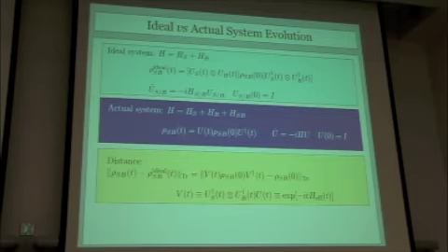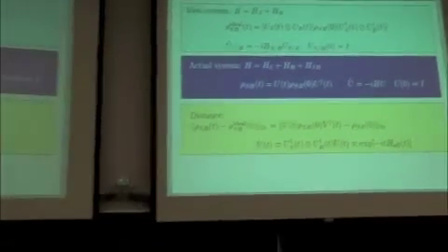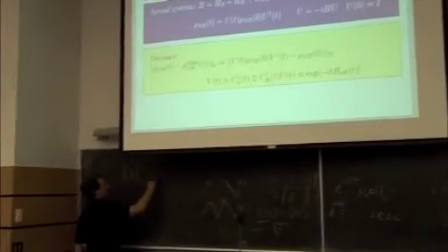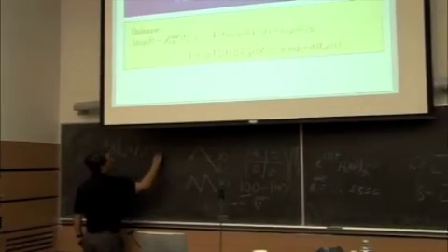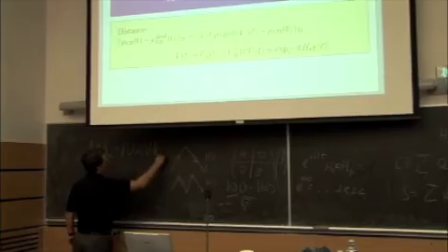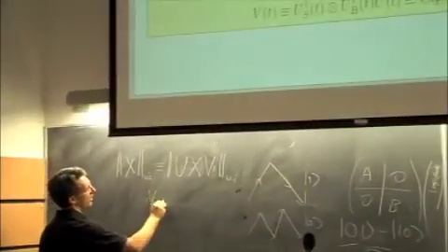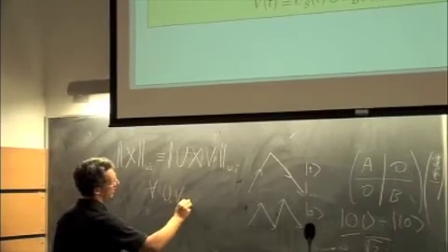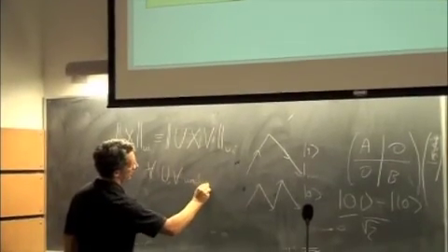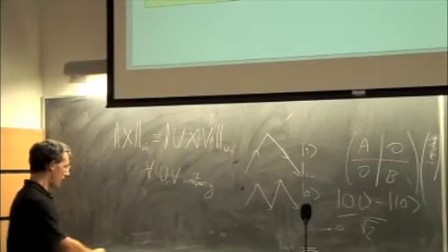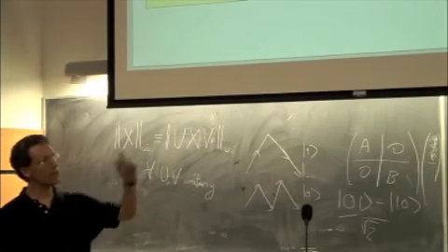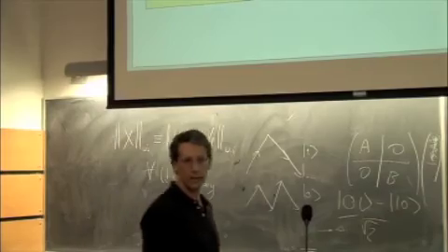And I make use of the fact that the trace norm is so-called unitarily invariant. A unitarily invariant norm is one which is equal, for all unitary U and V. It's true that the trace norm distance is unitarily invariant.